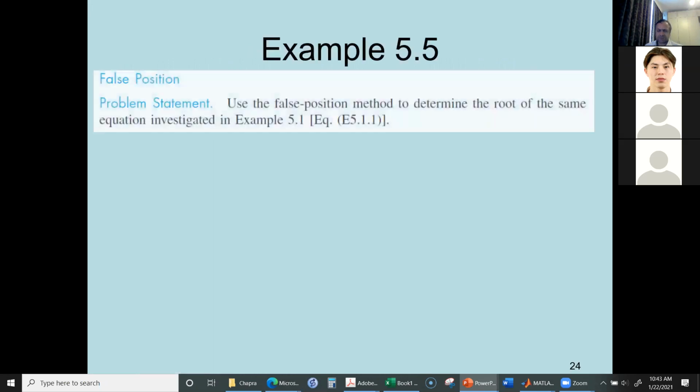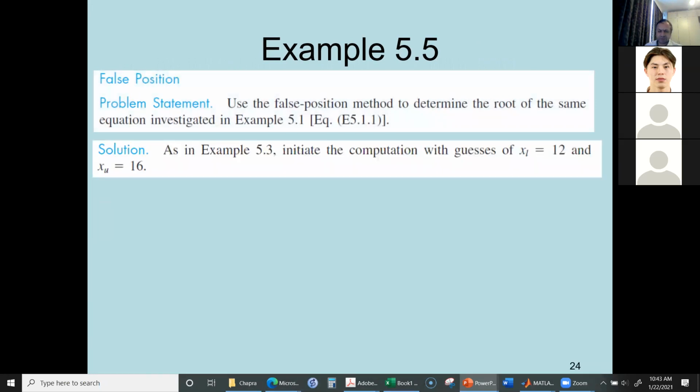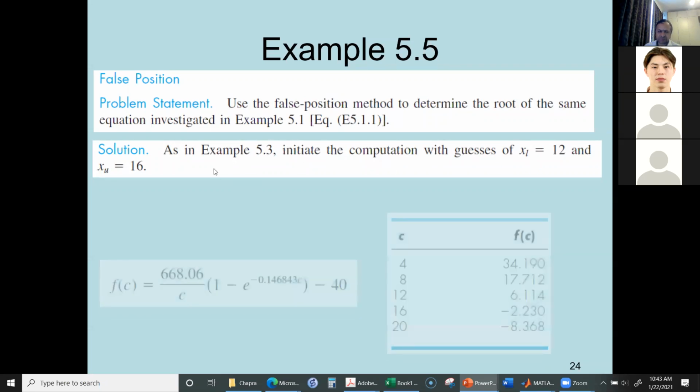Example 5.5. We can use the same problem, but this time we will apply the false position method to determine the root of the same equation investigated in example 5.1. As in example 5.3, initiate the computation with the guesses of xl equal to 12 and xu equal to 16.